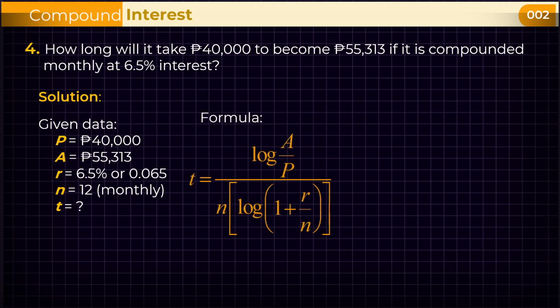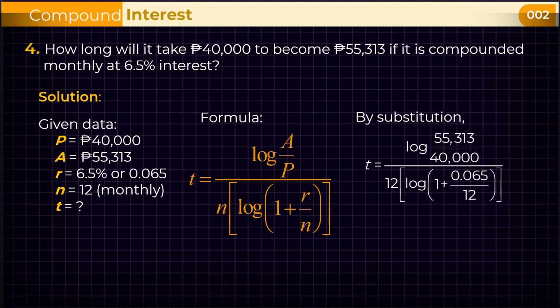The formula that we will be using here is a little more complicated than the previous formulas. It already has the application of logarithms, where t is equal to the quotient of the log of A over P divided by the product of n times the log of 1 plus r over n. Here we just simply have to substitute all those givens so that, inputting this in your calculator, we could find an exact value for the unknown time.